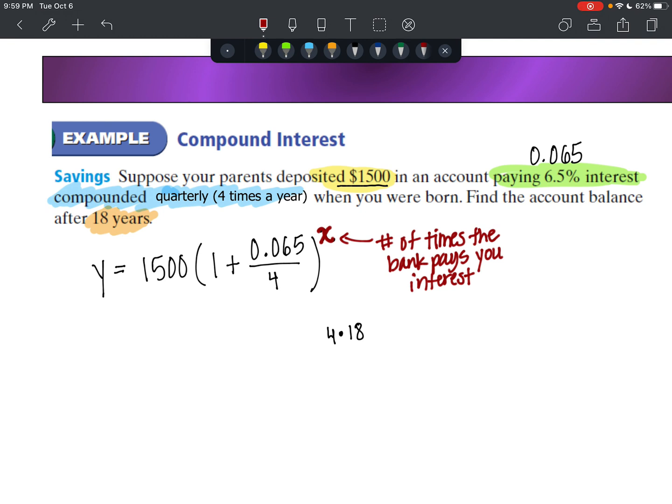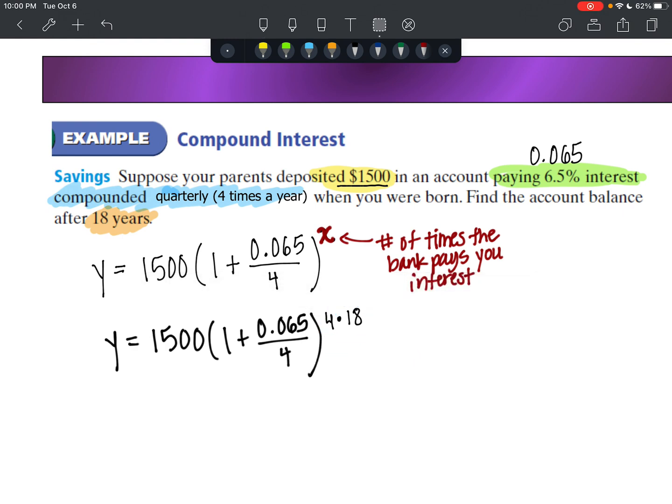So they're looking at your account quarterly, 4 times a year for 18 years. And that's why, when we want to find the account balance, in place of x, we're going to put 4 times 18. So here's our function.